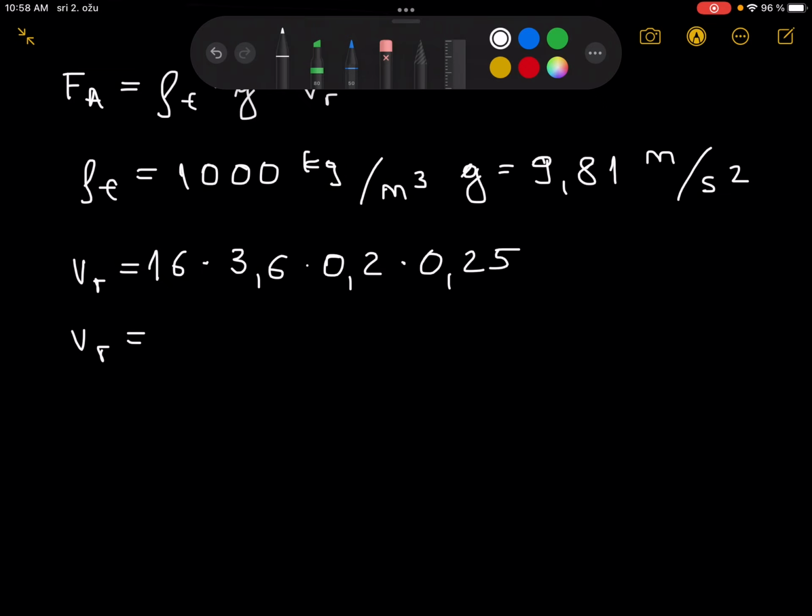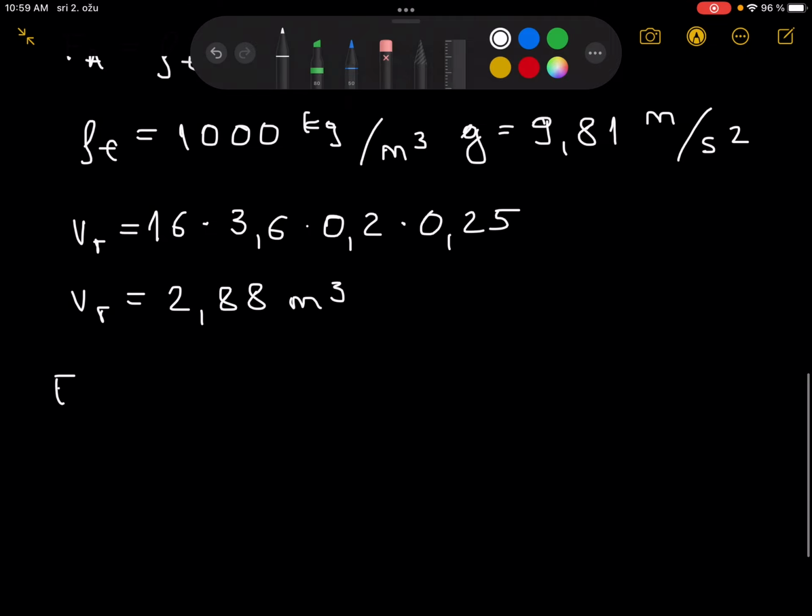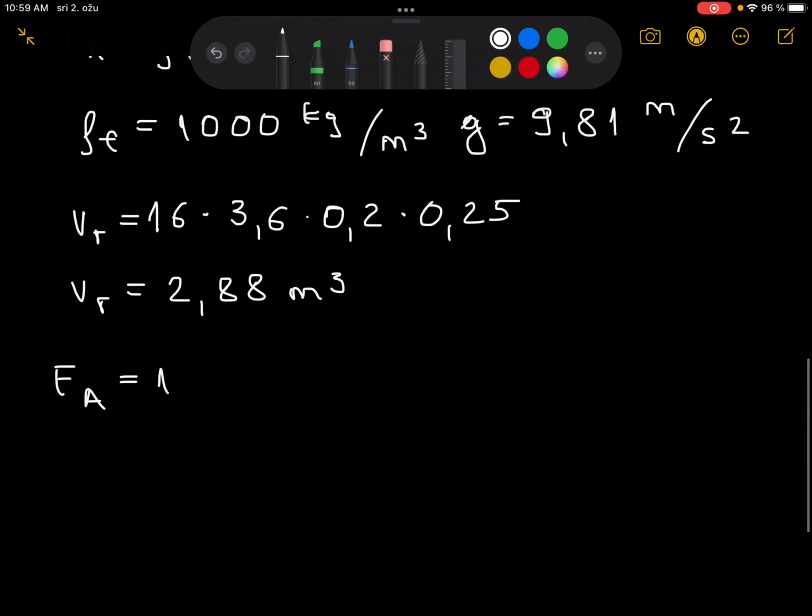So the volume of the raft is equal to 2.88 cubic meters.